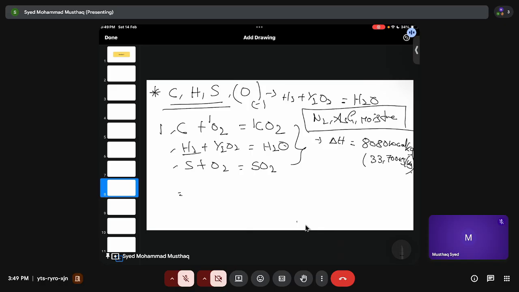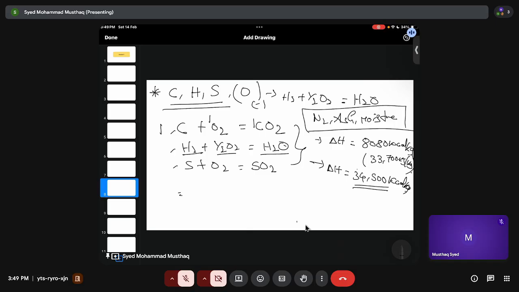Again, H2 will react with half a mole of O2 and give you 1 mole of water. For this the enthalpy is 34,000. This is the amount of heat generated whenever you burn hydrogen with oxygen.